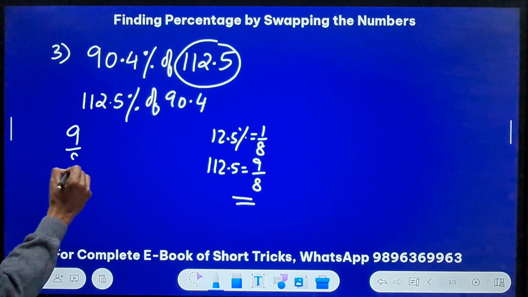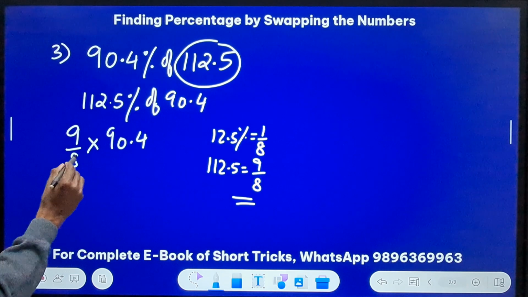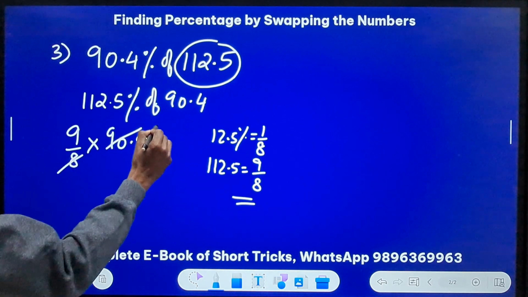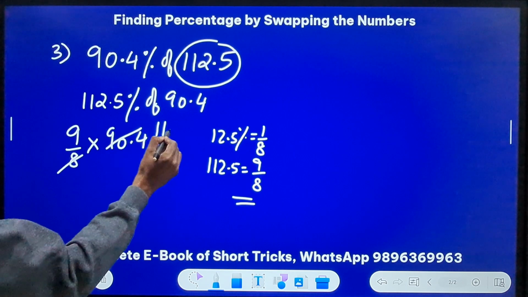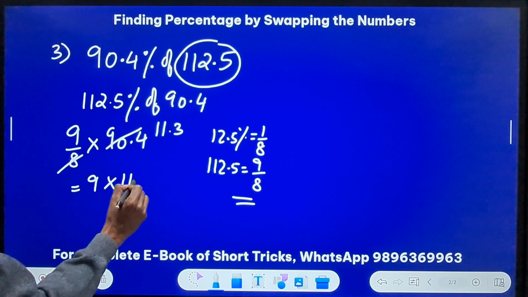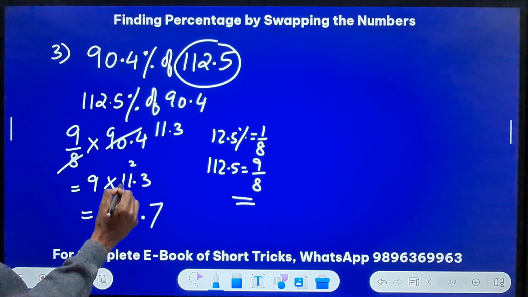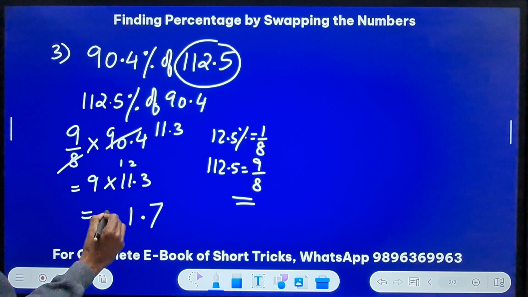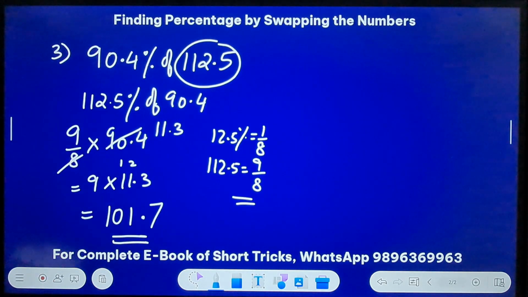See, 9/8 of 90.4, and now cancel 8 ones are 8, so 10, 8 ones are 8, 24 means 3. So this is 9 times 11.3, and that gives me 7, 2 carry, and then 9 plus 2, 11, 1 carry, and 8, 10. So 101.7 is the required percentage.